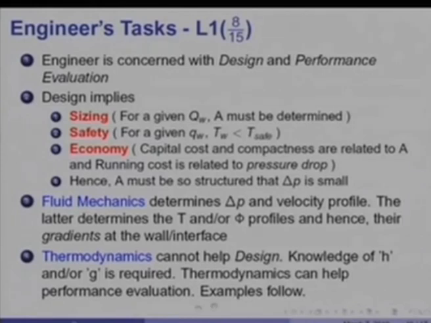Thermodynamics, however, can help in performance evaluation, and we shall see the importance of thermodynamics and its relation to convective heat transfer in the examples that follow.